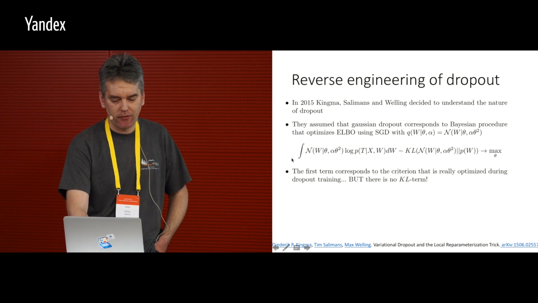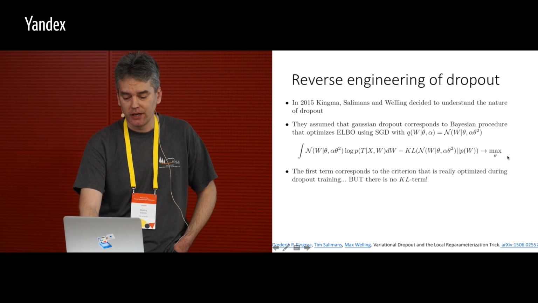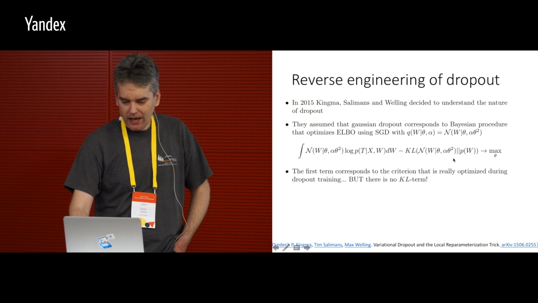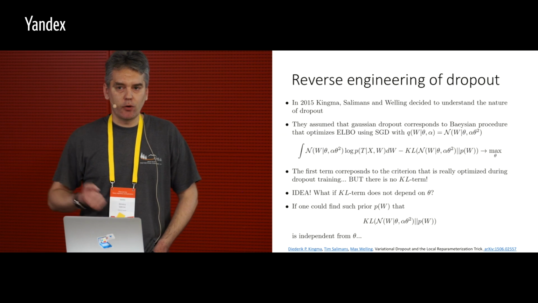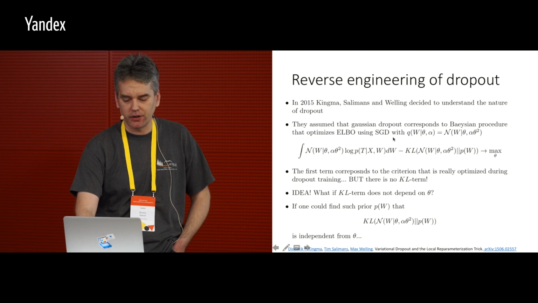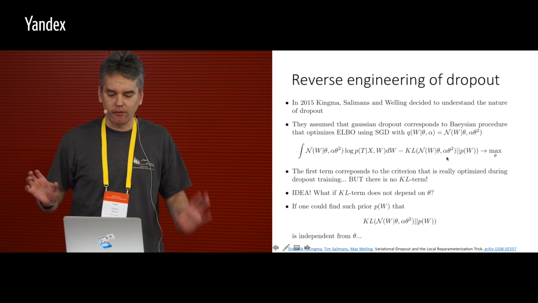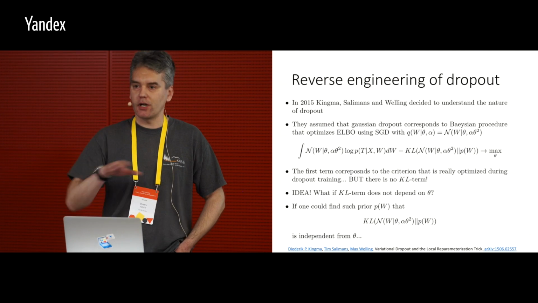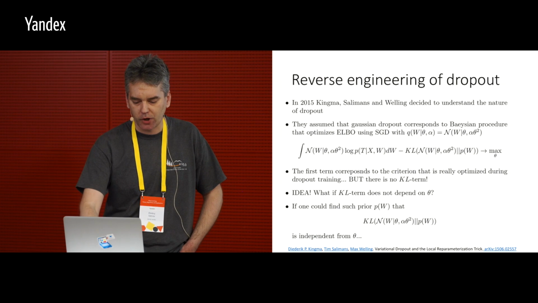So we optimize the first term with respect to theta. But in ELBO, we have two terms, the first term and the KL term. In Gaussian dropout training, there is no KL term. And the brilliant idea was: maybe we could find such a prior distribution p of w that this KL term will not depend on theta. And if so, then these two procedures become completely equivalent. This would mean that Gaussian dropout training really corresponds to some variational Bayesian inference with some specific choice of prior distribution p of w.